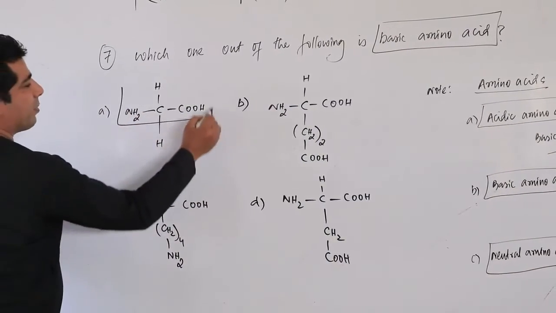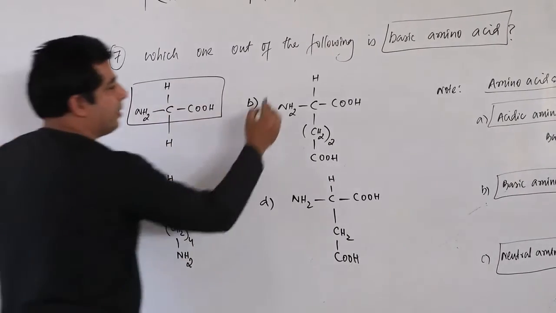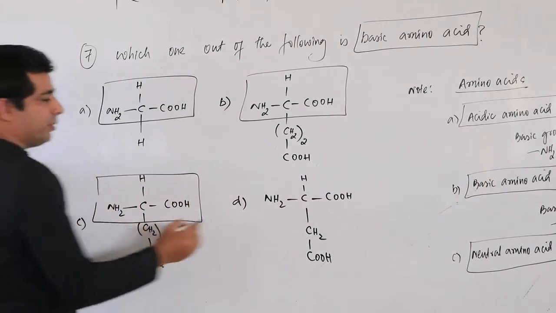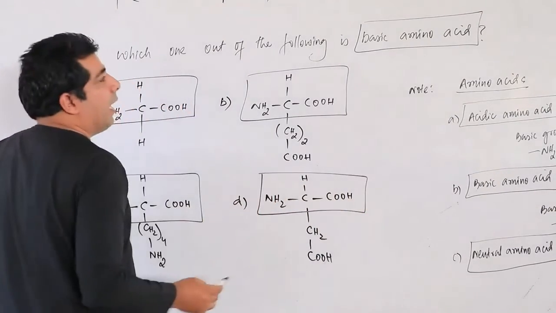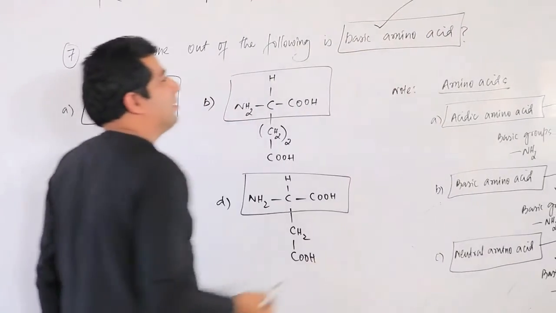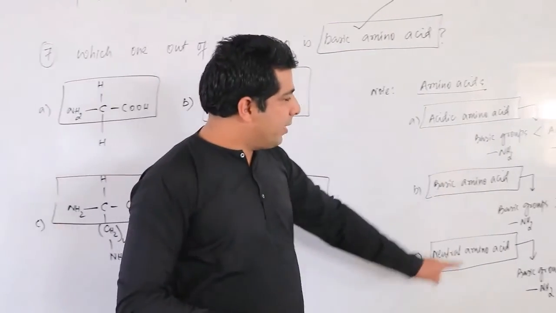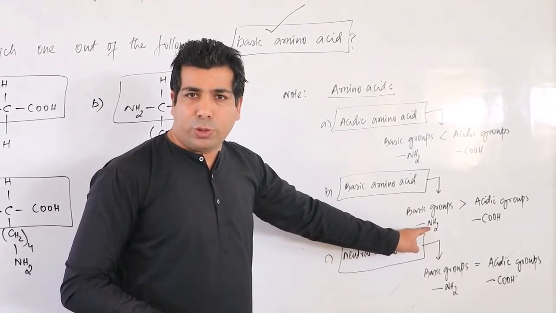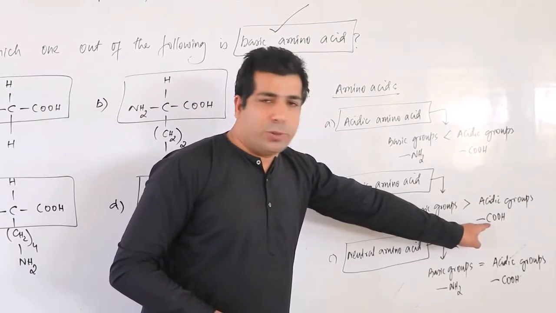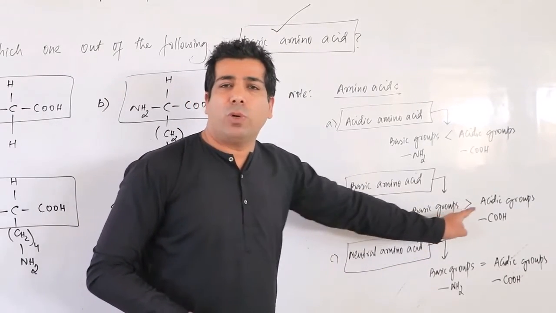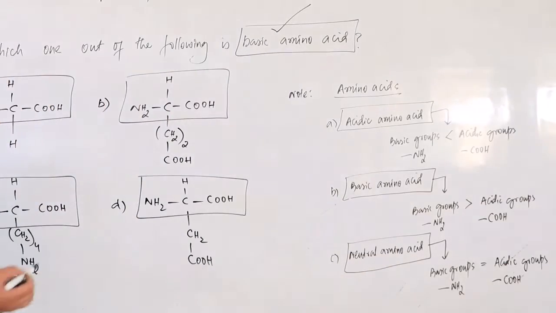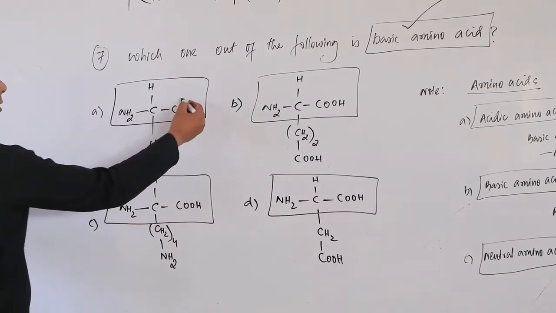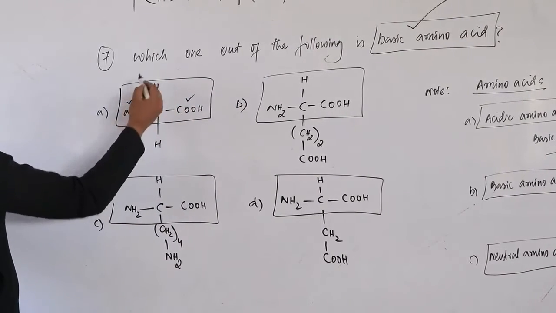Okay. Now my dear friends, let's have a look here. This is the basic structure, then this is the side chain. This part is common in every amino acid. I am looking for the basic amino acid. For a basic amino acid, basic groups should be more than acidic groups. That means amino groups should be more than carboxylic groups. Have a look. One amino group, one carboxylic group, so it is neutral.